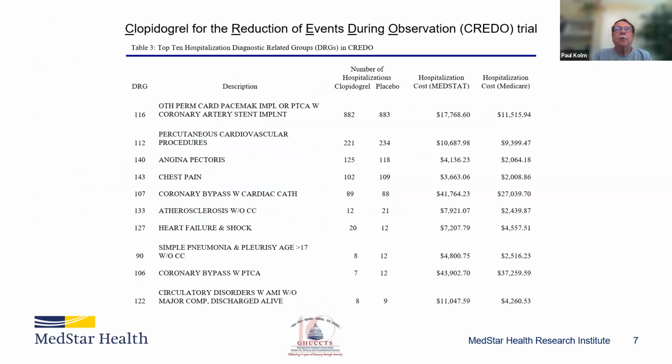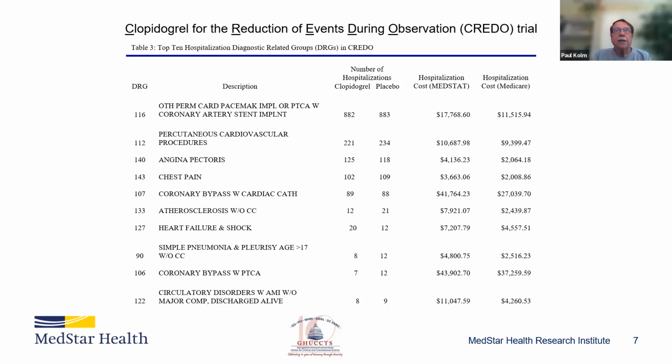So here's an example from actually a really old study of looking at clopidogrel versus placebo. And this is an example of costing by DRG, diagnosis related group. And so you have a number that you look up for the particular diagnosis that you're interested in, or the particular event that you're interested in, or procedure.